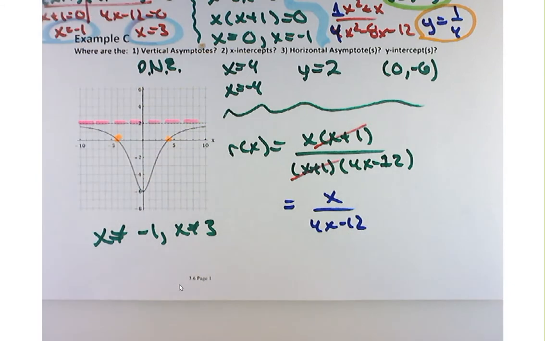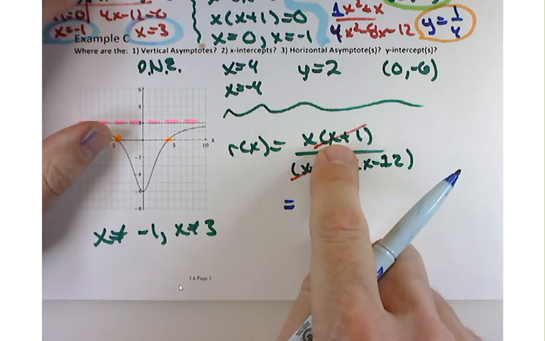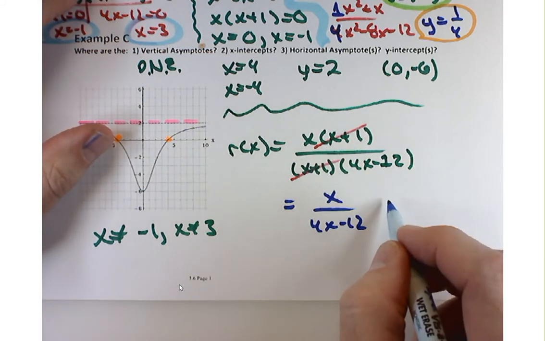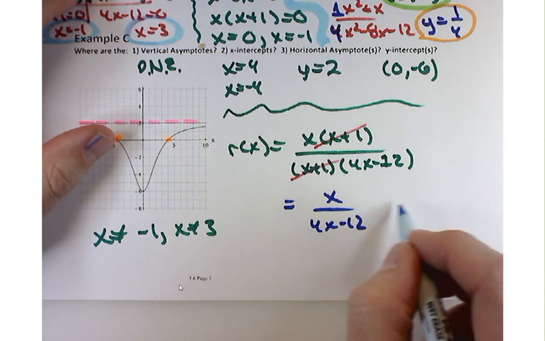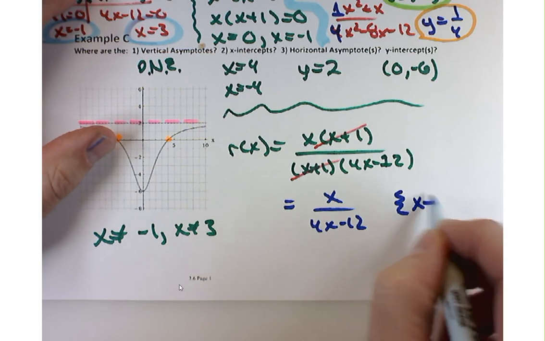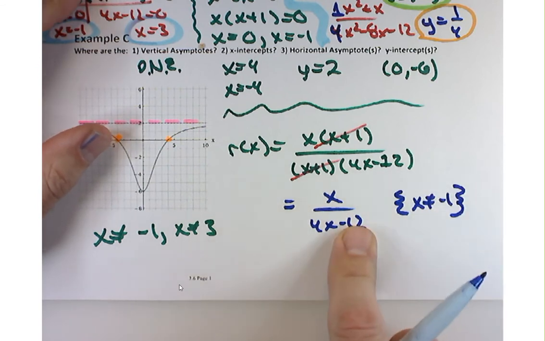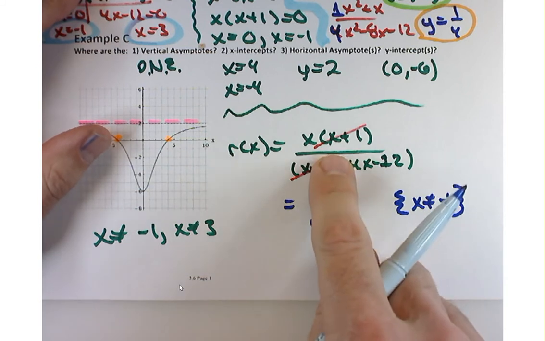Interestingly enough, your graphing calculator will show this a little bit better than Desmos will. So right here, we'd have to kind of codify this and say x can't equal -1. This is not defined there because this isn't defined there.